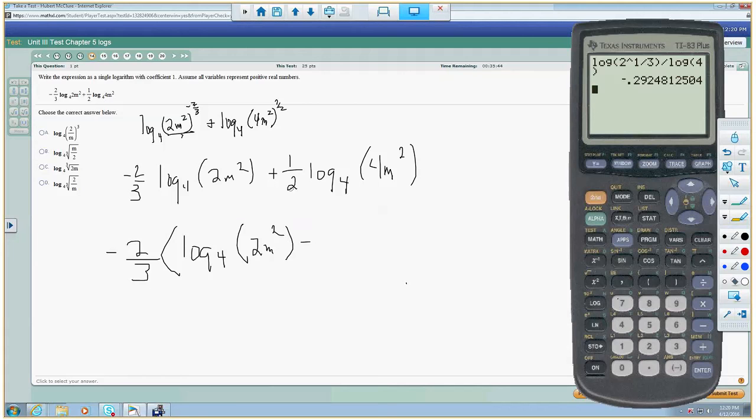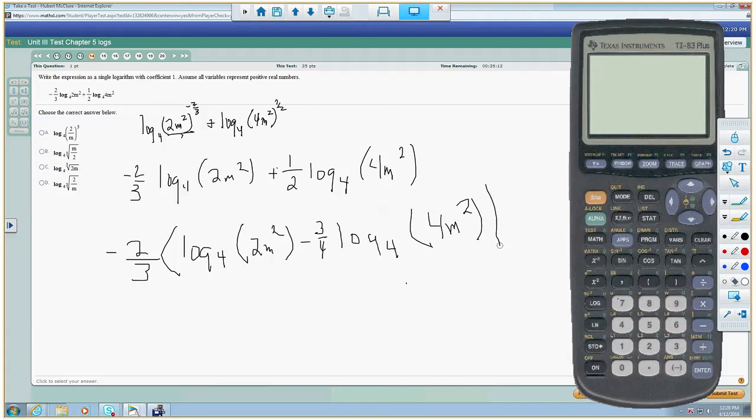Now 1/2 divided by 2/3, when you're dividing by a fraction, you multiply by the what? So that's going to be 3/4. 1/2 multiplied by 3/2 is 3/4. Log base 4 of 4m squared.